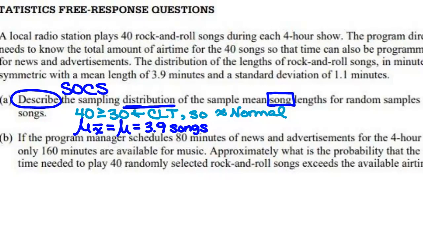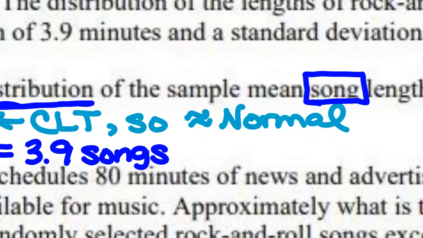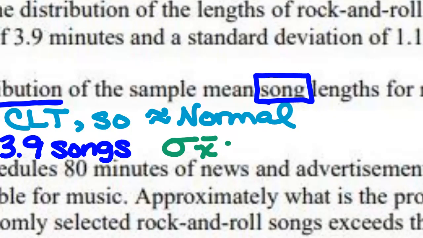And I brought that up to talk about when we're talking about average song length, because when we go to calculate the standard deviation, I don't want the total average song length for 40 songs. I want the average song length for one song, calculated based on this group of 40. So the standard deviation for X bar is going to be the standard deviation for the population divided by the square root of n.